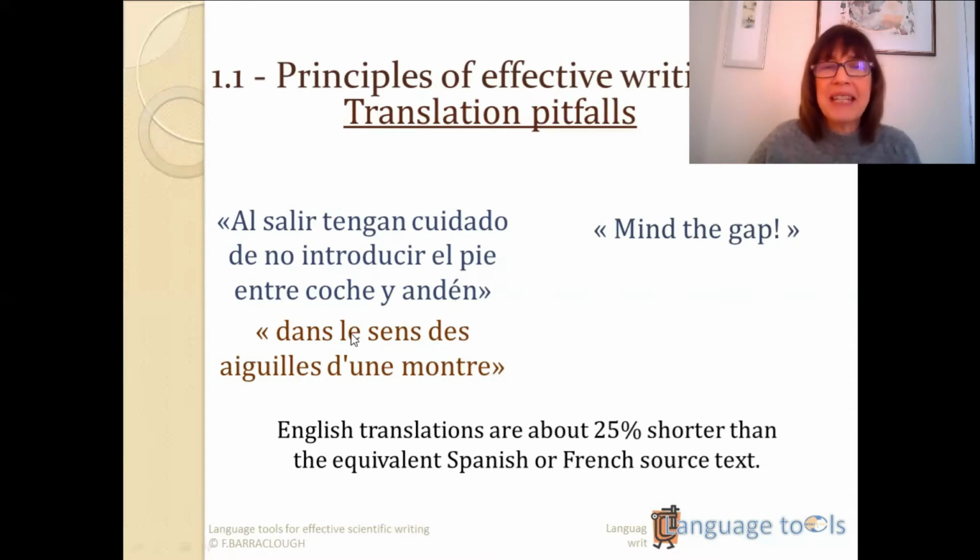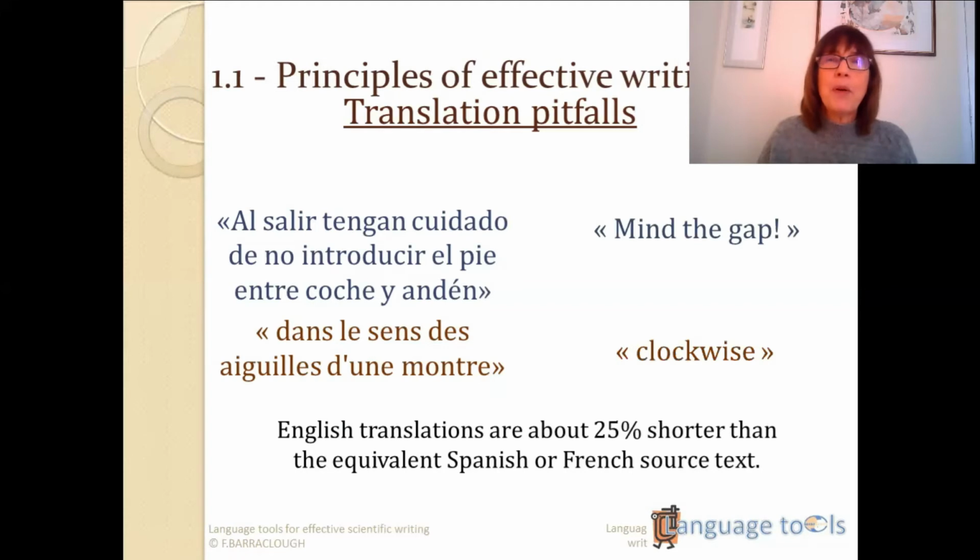Here is another example in French, and again we can see that in English we say clockwise in one word rather than the number of words that is required in French. Obviously this is not the same in all languages. I believe, although I haven't studied it, that German works the other way around, and in fact German is even more concise than English, okay?